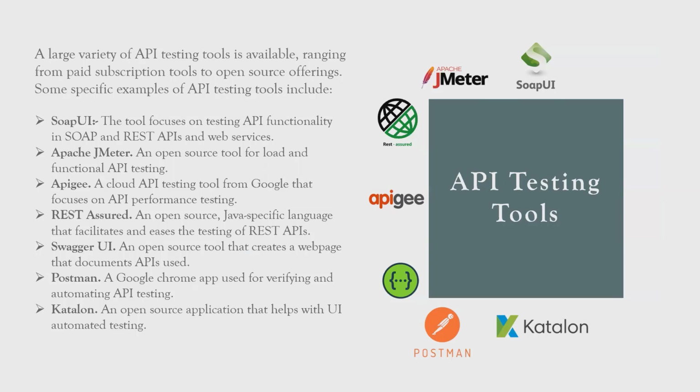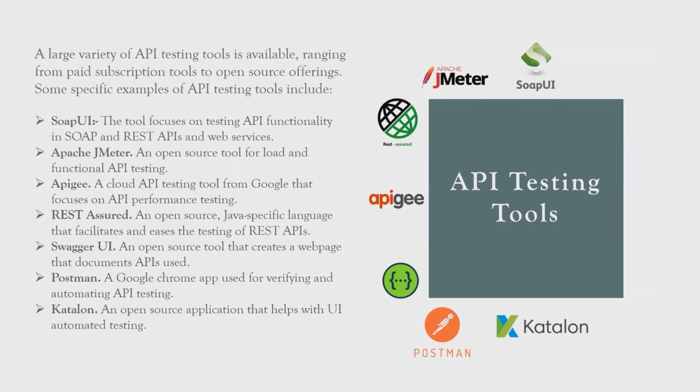Next is Apache JMeter. This is again an open source tool for load and functional API testing. Apigee is a cloud API testing tool from Google that focuses on API performance testing. REST Assured is an open source Java specific language library that facilitates and eases the testing of REST APIs.